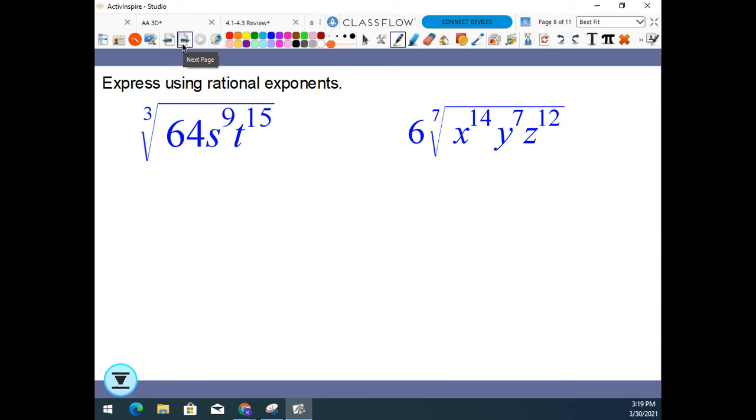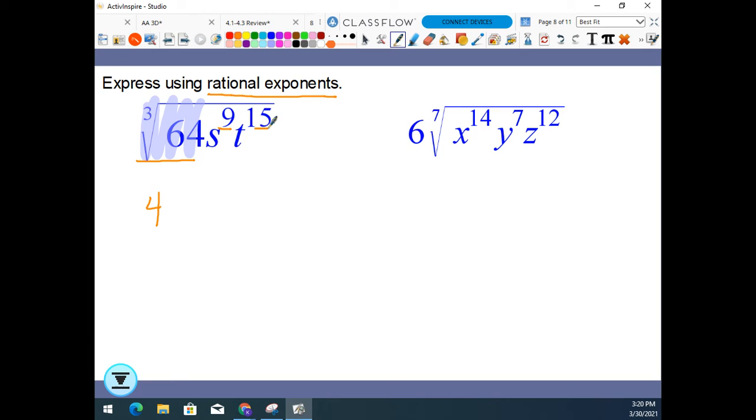These are a little bit more complicated. Actually, these aren't too bad. We're just converting our radicals back to rational exponents. So the first thing I would have you look at is the cube root of 64. This has a simple value. The cube root of 64 is 4.